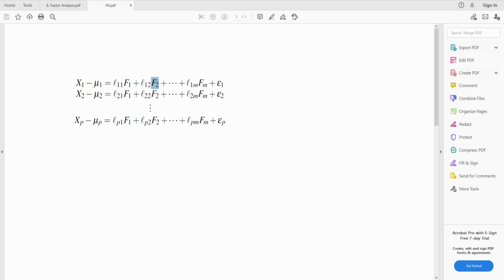Let's see first what is what in this model. We have here a random vector x that has p components. That vector has mean mu and covariance matrix sigma. So sigma is what we are trying to interpret, to approximate. What we assume here is that x linearly depends on those unobservable random variables.